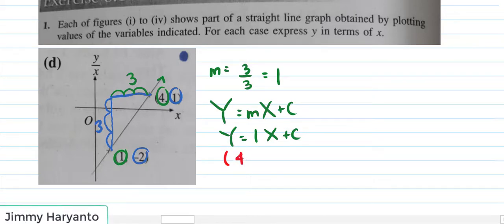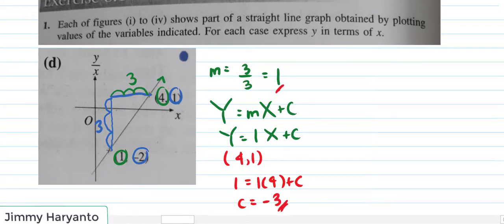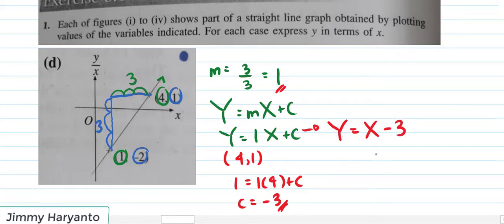Maybe I will choose 4, 1. I put 1 into y and 4 into x, and I will get the c. c equals 1 minus 4, negative 3. I got c and the gradient. So I can write y equals 1 times x only, plus c, negative 3.